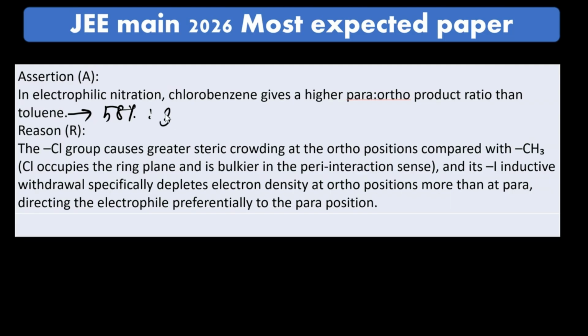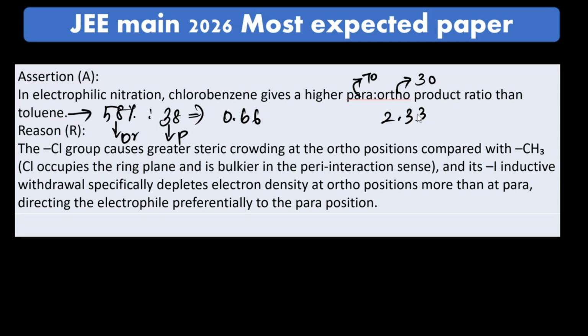So the para to ortho ratio would be 0.66. If you take chlorobenzene, that will give you ortho product as 30 and para product as 70, so the ratio becomes 2.33.